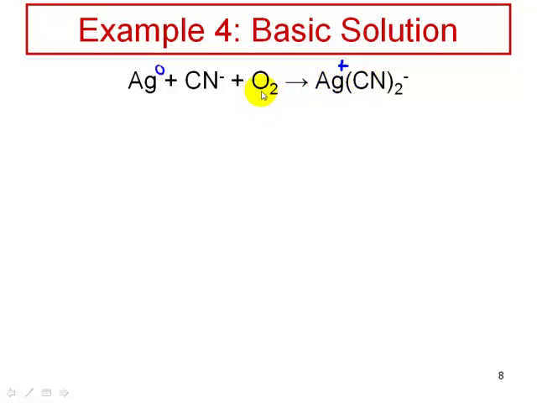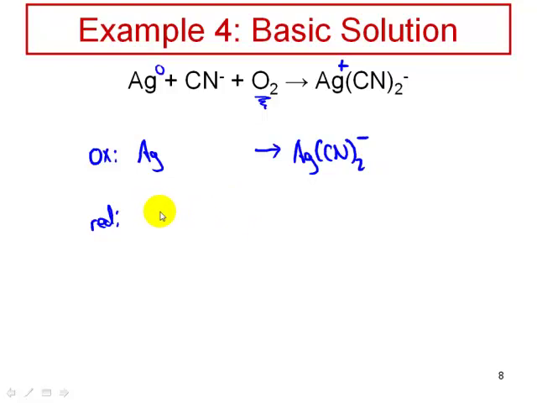Well, you see this reaction happens in the presence of oxygen, right? And so if we separate these things out into my oxidation and reduction half reactions, in the oxidation half reaction, we just saw that silver is going to go to this complex ion over here, silver cyanide, but in the process, its oxidation number increases.